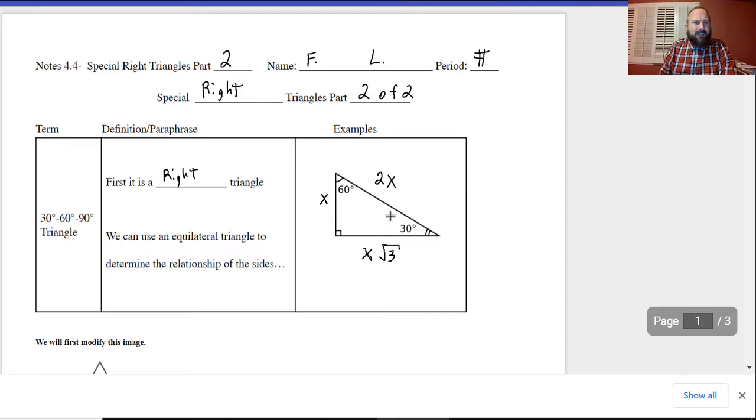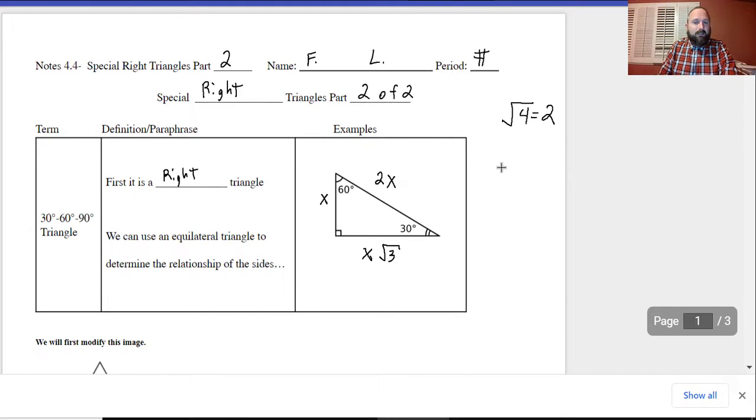A nice trick is to understand that radical 4 is equal to 2. So which one is the biggest one? The 2 times x would be biggest. What's the smallest? The x by itself. And radical 3 is just under 2, so that would be the 60 degrees right here.